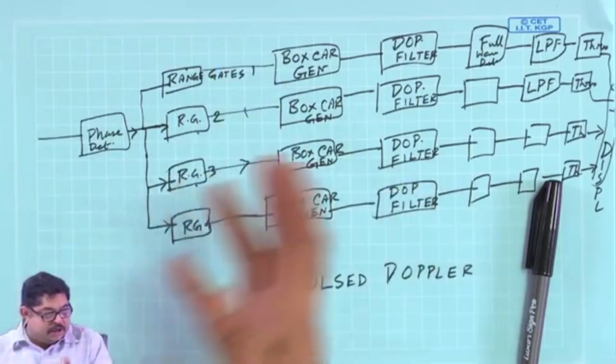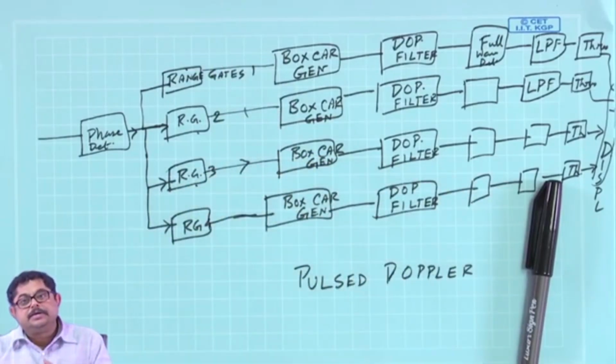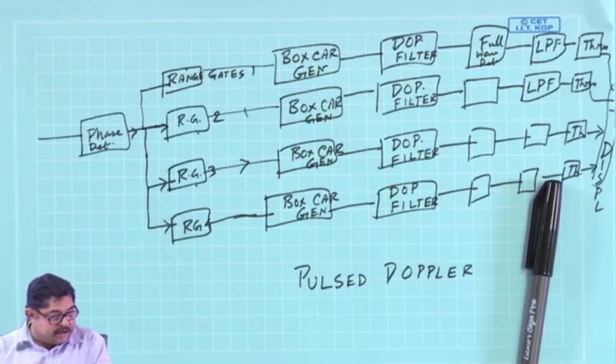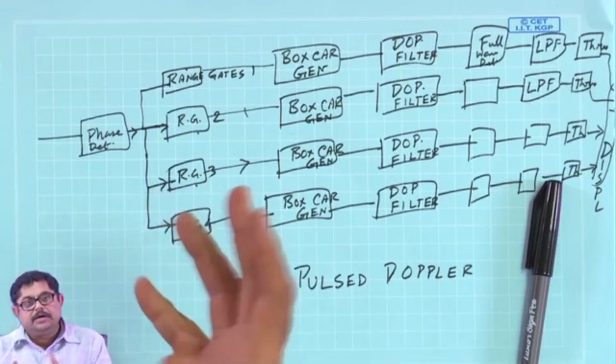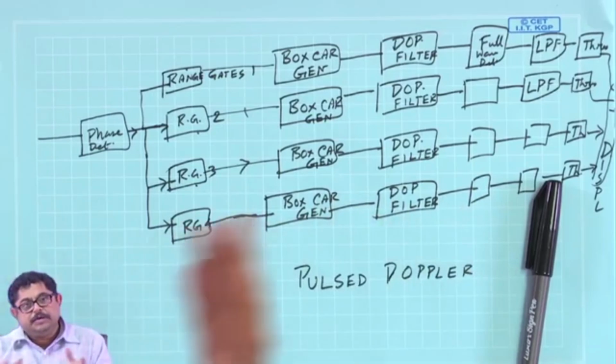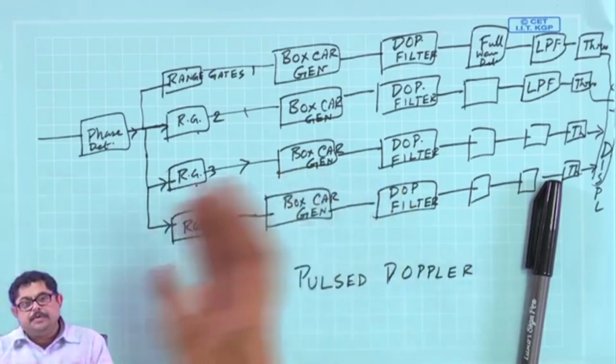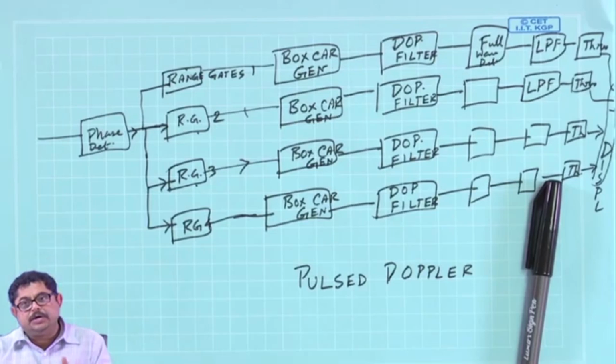I think we have covered the pulse radar in detail. Now, from the next class we will see some other aspects of radar, the functional radars. We have first said whether the radar is continuous or pulse, and we have discussed both these varieties.